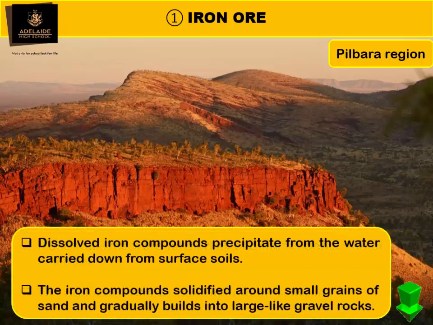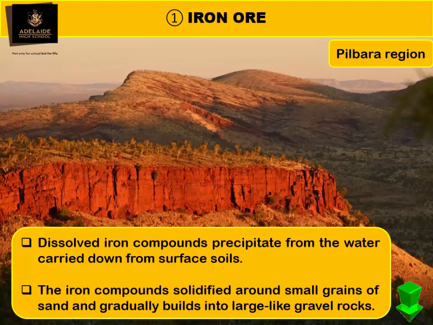The next one. The funny thing about this iron ore, rather than it being deposited, it is actually being dissolved. The iron compounds are being dissolved. It precipitates in between the layers, and is carried down from the surface. Guys, how is it carried down here? What sort of agent is helping it? Yes, Rihanna. Water.